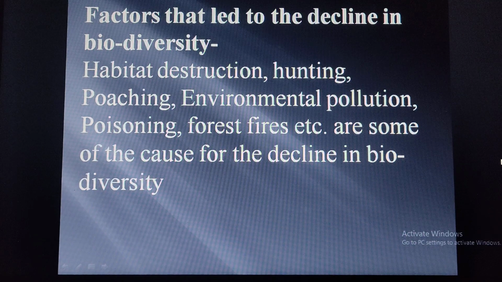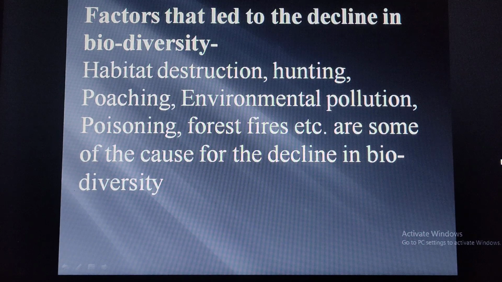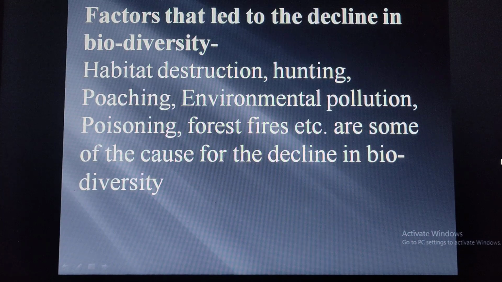As we saw almost a year back, the Australian forest fire was the biggest forest fire we have ever seen, which caused crores of animals and hectares of forest to burn down.